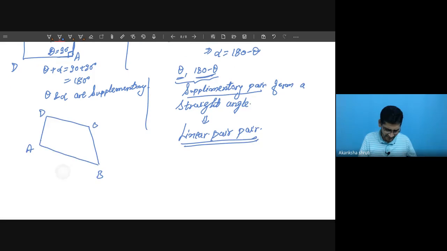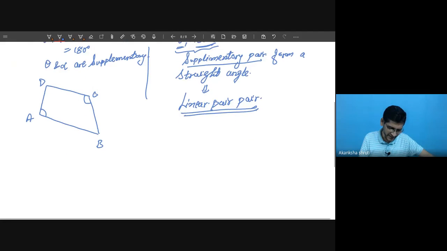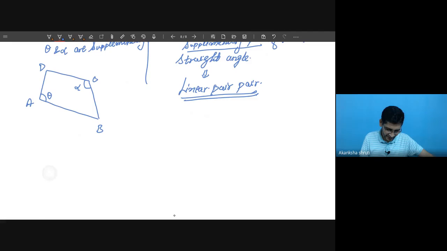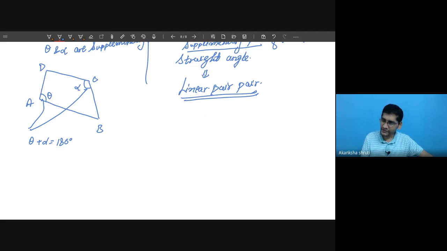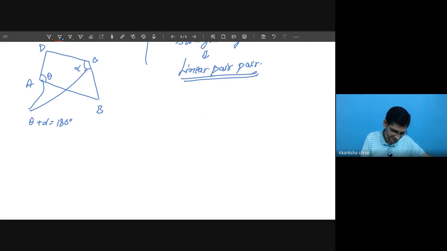In this case, if we consider this angle A and this angle C, and if I consider this as theta and this as alpha, then theta plus alpha is equal to 180 degrees. Means these two angles are forming a complementary pair. No, supplementary pair. The sum here we are taking is 180.